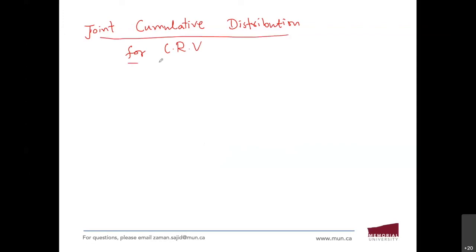Now, similar to the discrete case, we have the joint cumulative distribution for continuous random variables.